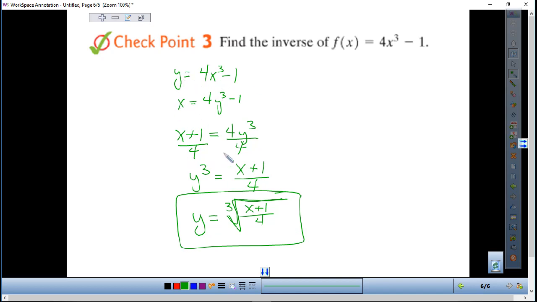We'll swap the x and the y. We'll solve for the new y. And I went ahead and flipped my sides right here before I took the cube root. Then I took the cube root of both sides, and the cube root of y is just going to be y. There is no plus or minus with a cube root or any odd root. And then the cube root of x plus 1 over 4 is just the cube root of x plus 1 over 4. So there is your inverse right there.